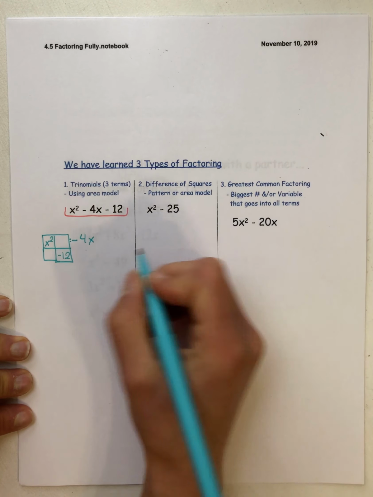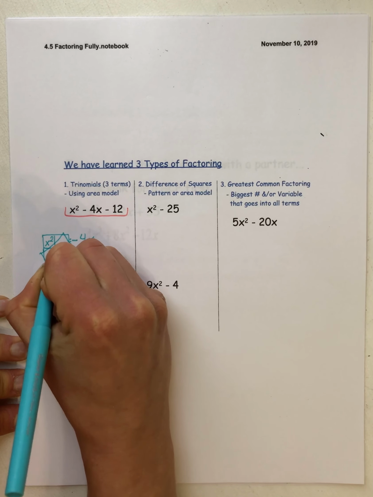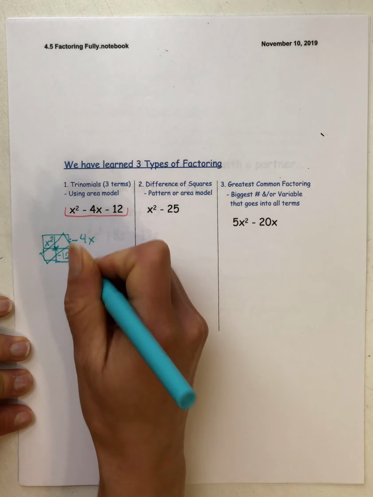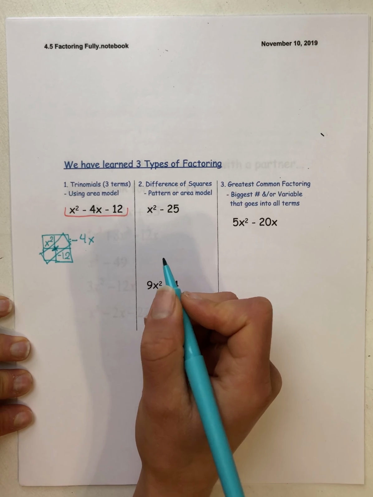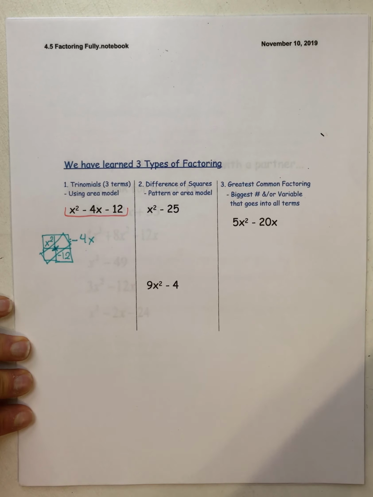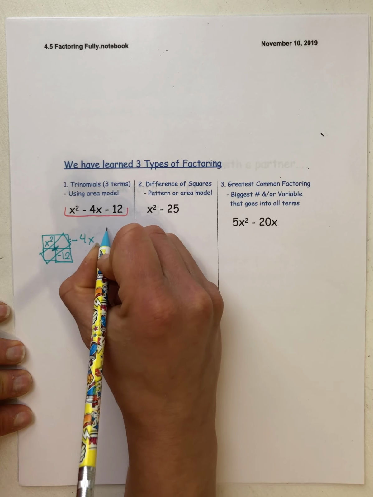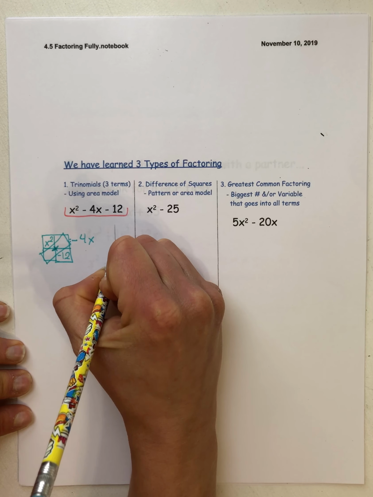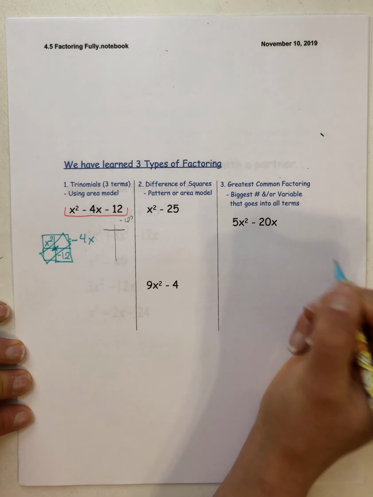Okay, so when we have the negative 4x here, this equals. So we now have to find the things that add to 4 and multiply to negative 12. So if we go on and figure out what things multiply to negative 12, well, I'll just put this up here, negative 12 question mark.